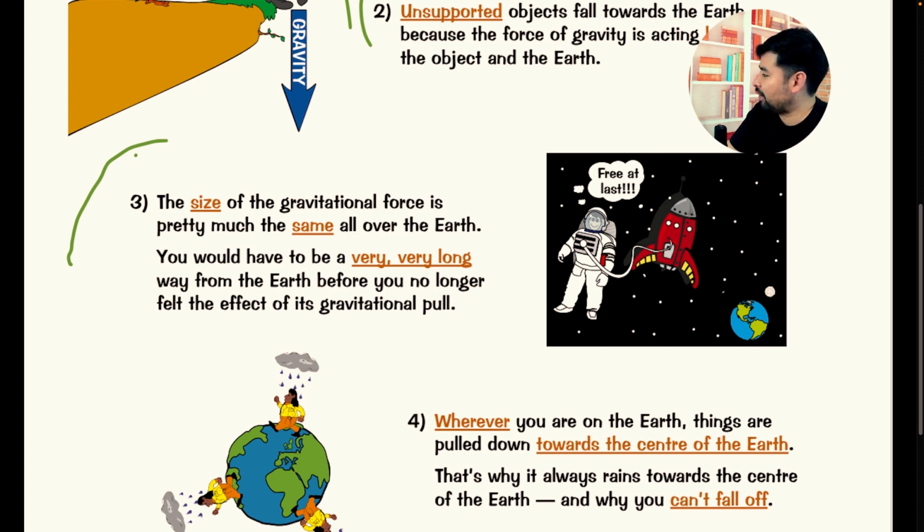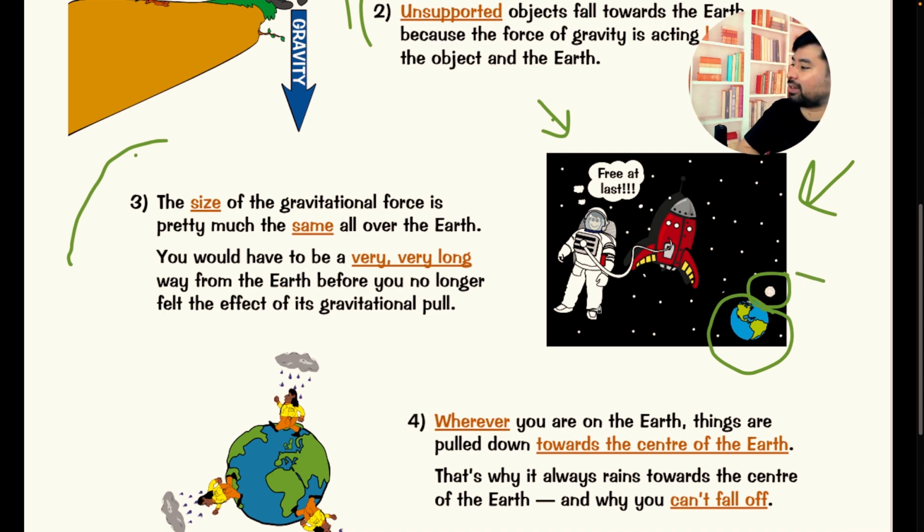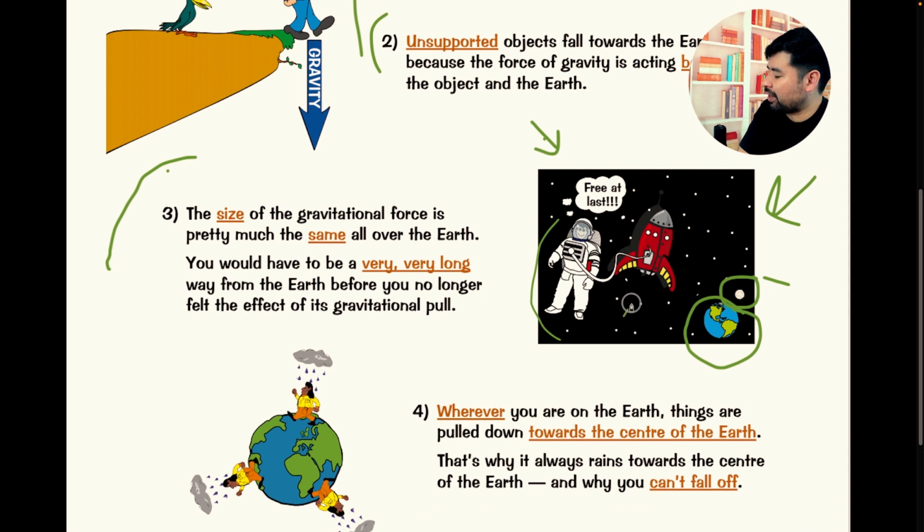And of course, we have this beautiful picture here, right? So, free at last, which means that here in outer space, outside of the planet, take a look, here's our planet. And do you know what this is? This is the moon, the little white one. And then we have the astronaut here and his spaceship.